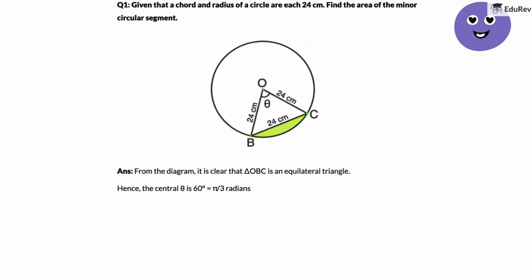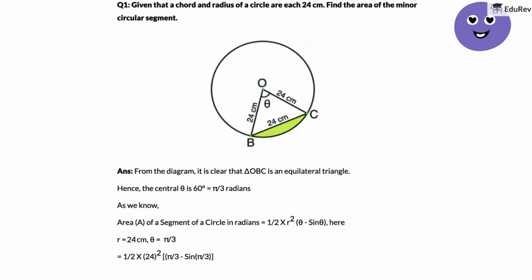As we know, the area of a segment of a circle in radians can be calculated using the formula: a half times r squared times theta minus sine theta. Here, r equals 24 centimeters and theta equals pi by 3. Plugging these values into our formula results in an area of approximately 52.18 centimeters squared.